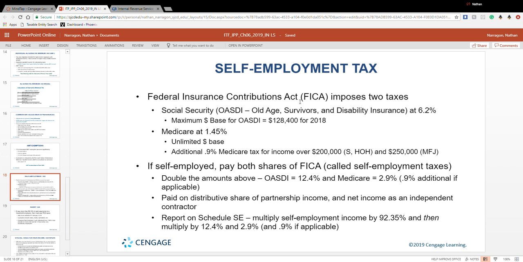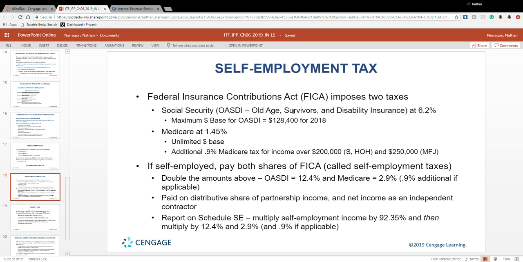For self-employed people, this is our income. If our income reaches 128,400, that is the max they're going to tax on. After you hit over 128,400, you don't get taxed on Social Security anymore.